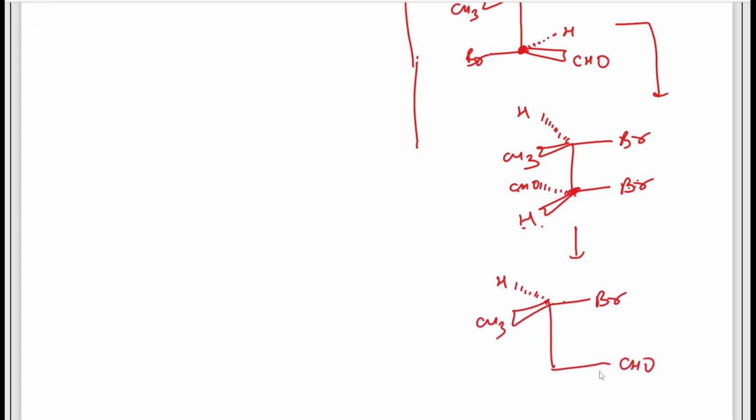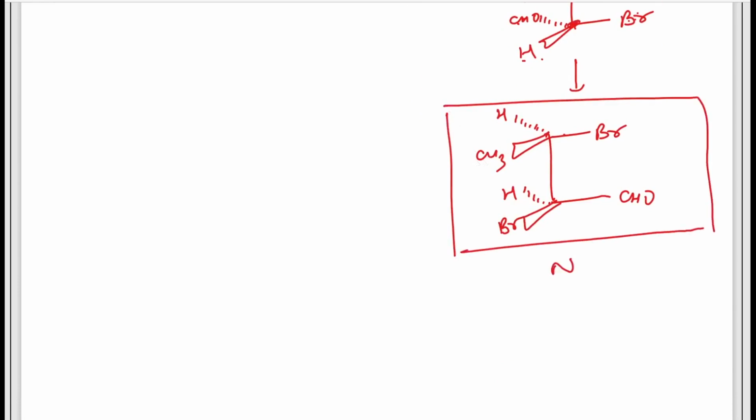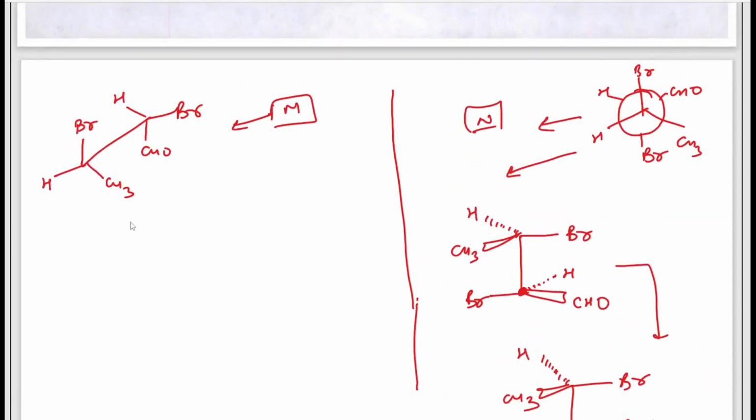So here will be CHO, the aldehyde group, and this will be bromine. So this is the structure of N. If we consider M, we can also convert this sawhorse form into wedge form.